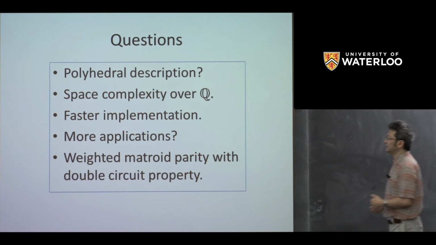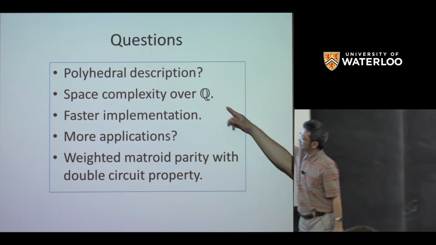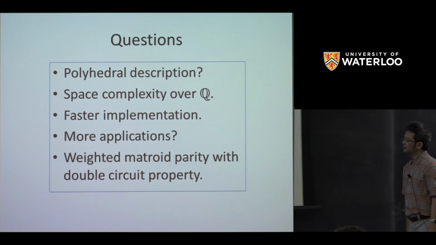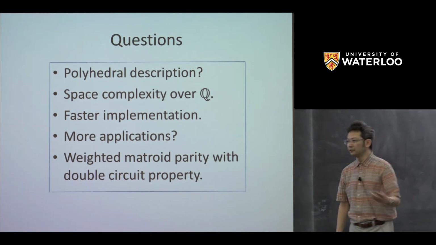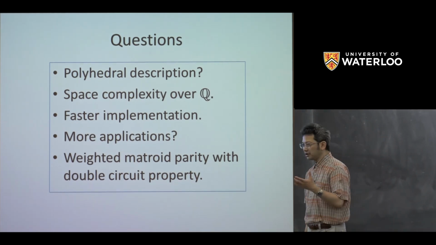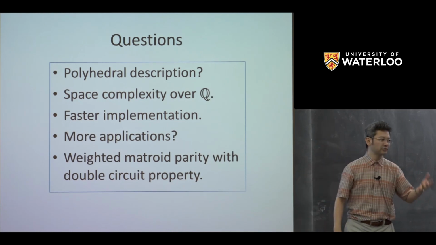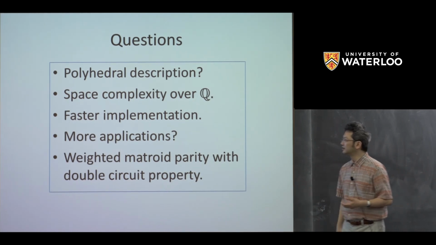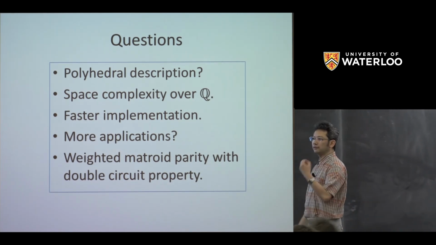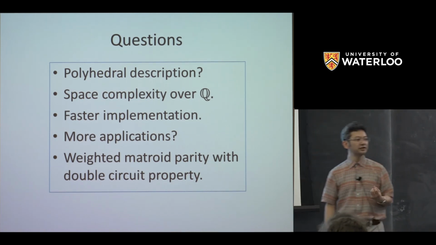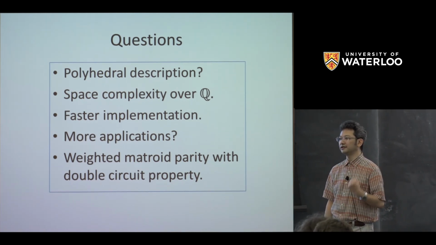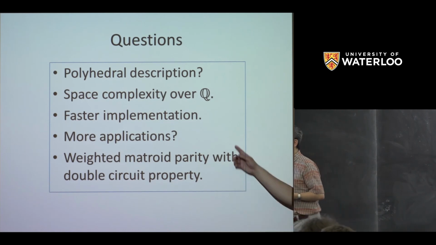And there is the issue I mentioned before, the space complexity over Q, and we should be able to make a first implementation or a first algorithm that is completely different from that. And since we now have an efficient algorithm, it's a good time to find more actively the applications of this problem.